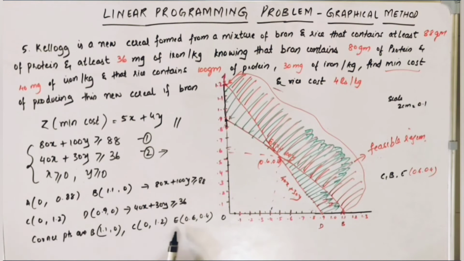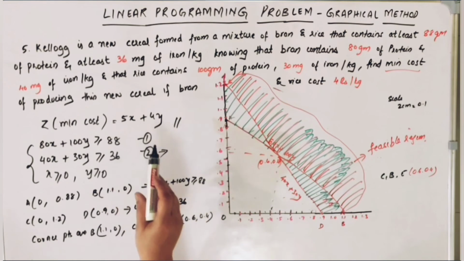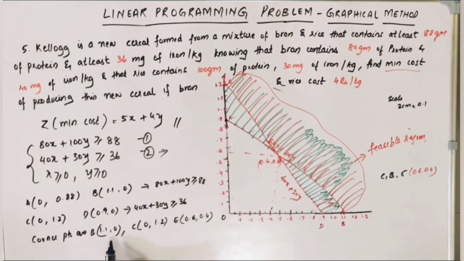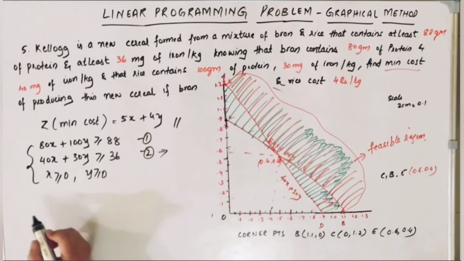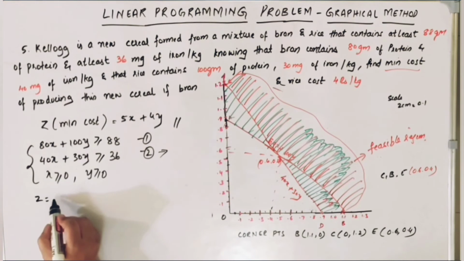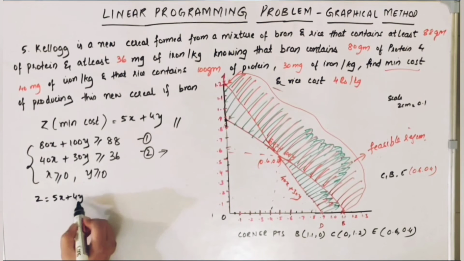We'll have to substitute these points in the objective function. When you substitute, you're going to get the actual values of cost. That's what we're going to determine. So let's take the objective function, Z is equal to 5x plus 4y.